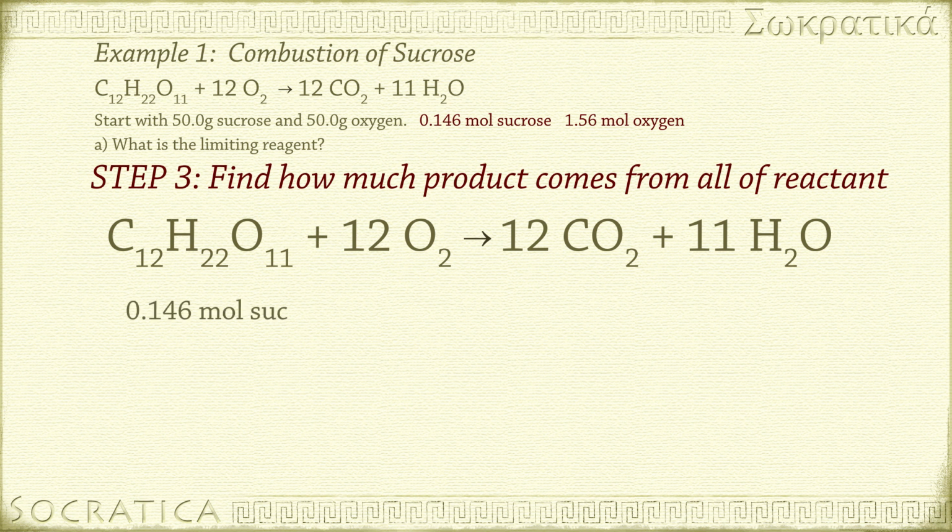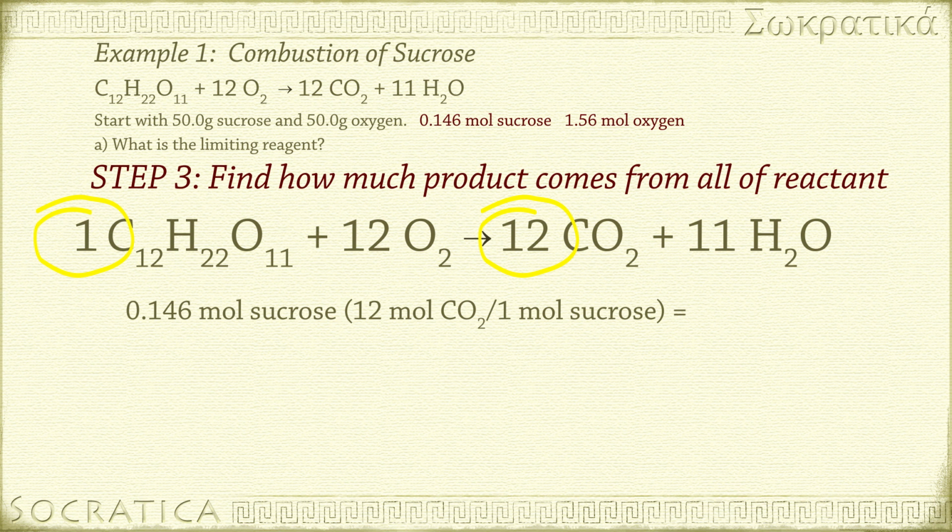0.146 moles of sucrose times 12 moles of CO2 for every 1 mole of sucrose equals 1.75 moles of CO2. In other words, if all the sucrose reacted, it would produce 1.75 moles of CO2.